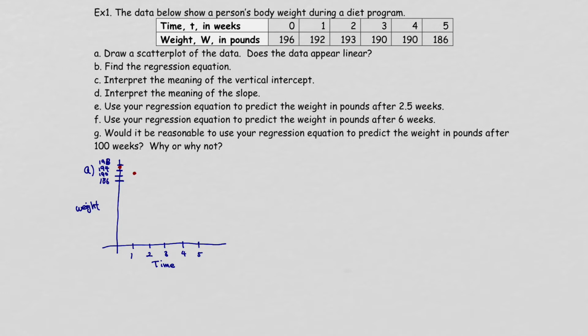And at 2, it will be 193. 193 will be right under 194. At 3, it's 190, so that will be somewhere right here. 4 will be 190 also, and 5 is 186.